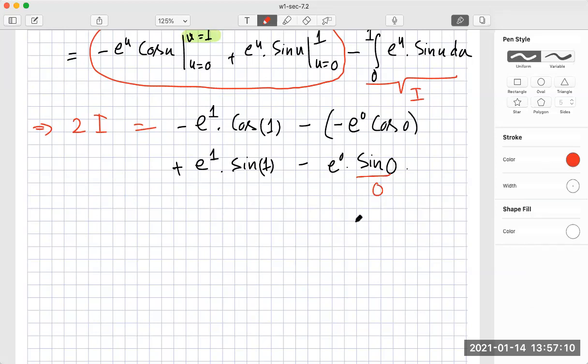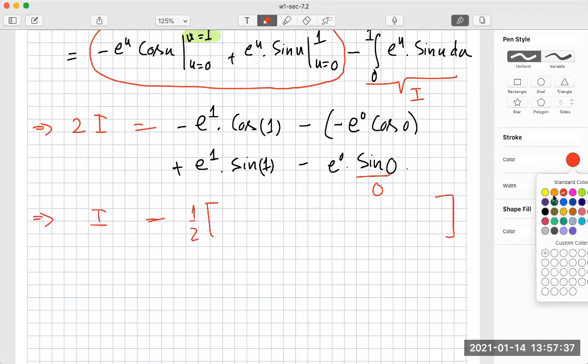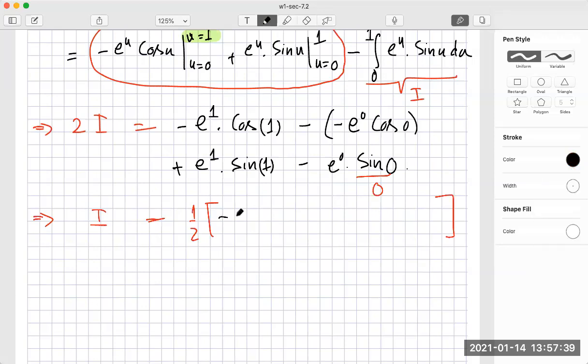So in the end, we found 2I. What we need to find is just one I. So what should we do? Yeah, divide by 2. We have one half of the whole thing on the right-hand side. And e to the 1 is simply e times cosine 1, and the negative sign here. Therefore, it is negative e cosine 1.